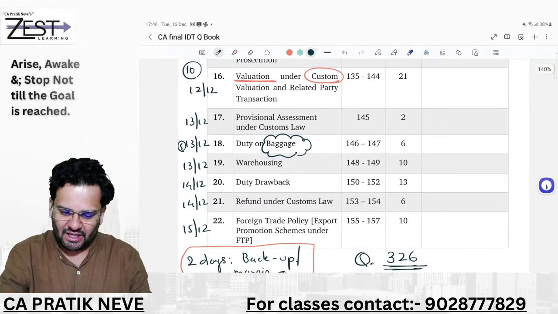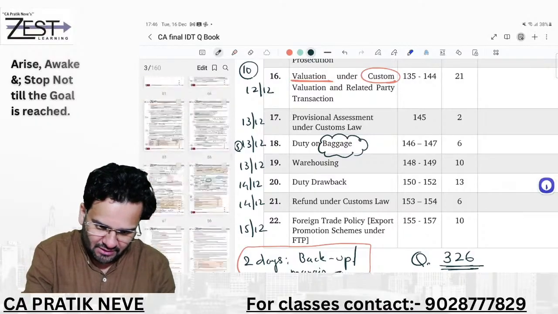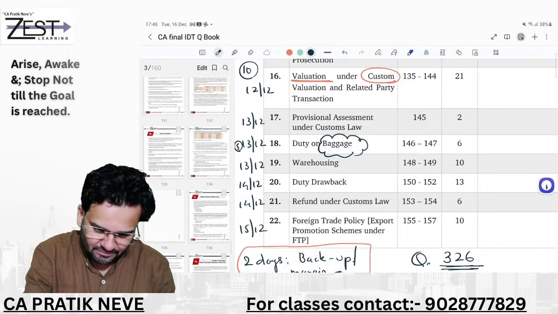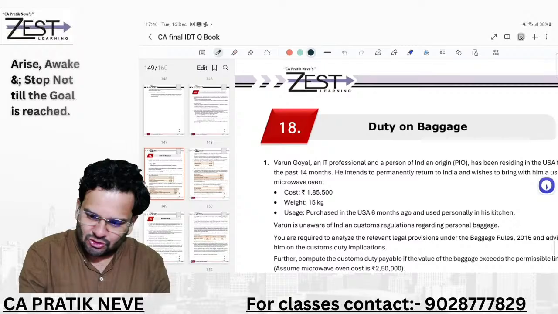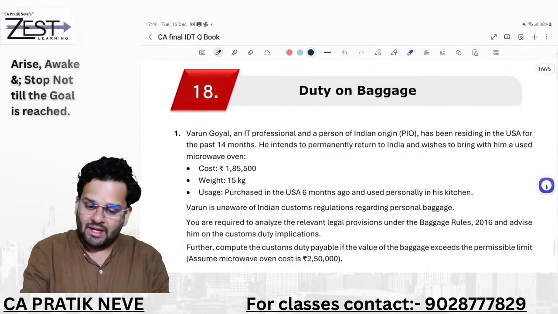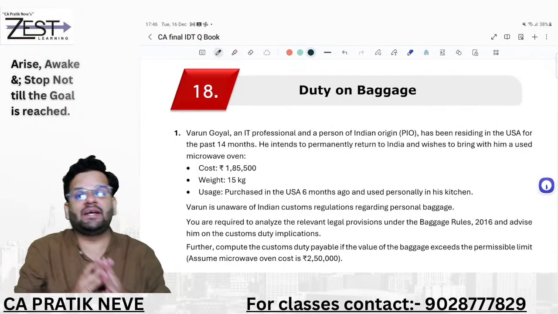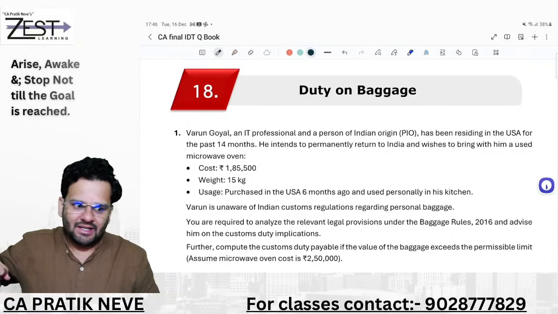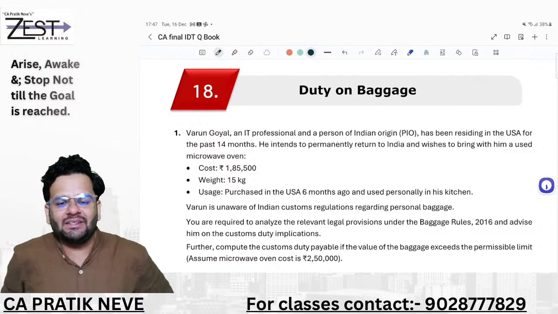Go to page 146. We will be doing baggage in today's session. As you all know, if you are traveling to India from outside India as a passenger and carrying goods with you as baggage, on whatever goods you carry, you have to pay the duty.